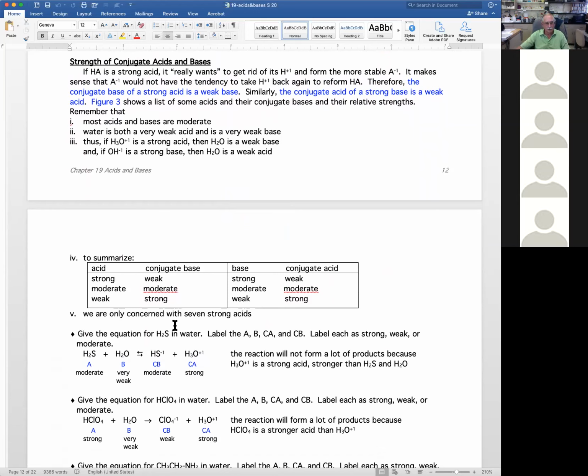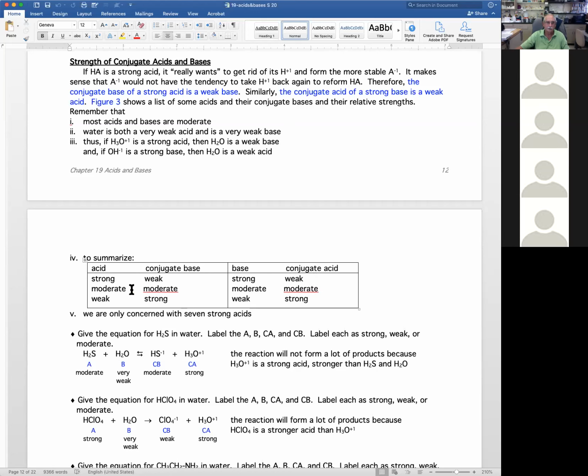Just to summarize, if you have a strong acid, it really wants to get rid of its H+, its conjugate base is going to be weak because it doesn't want to take that H+ back. If you've got a strong base, it really wants to take that H+ from something, and once it gets it, it's not going to give it away. So its conjugate acid is going to be weak.